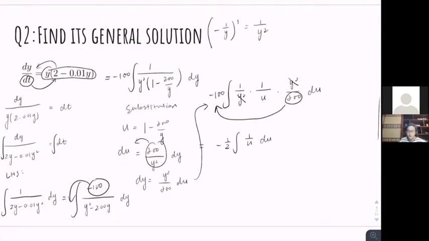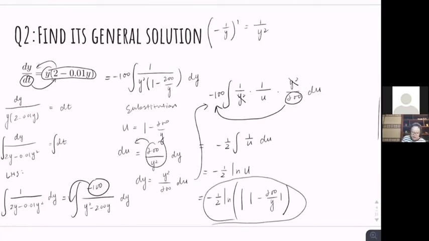This is quite clear to see what the integral would be. We will get negative 1/2 times the natural log of u. Then I'll substitute back the u. We will get negative 1/2 times the natural log of the absolute value of 1 minus 200 over y. So this is the solution for the left-hand side.